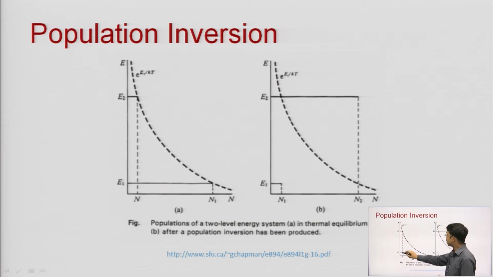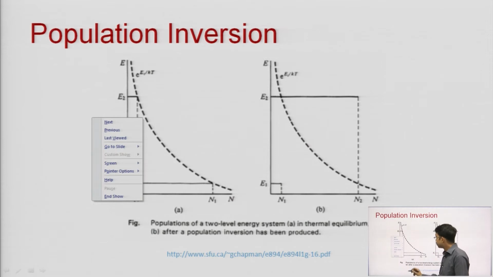On the x axis is the number of electrons. The number of electrons in the E1 state, N1, is large, and the number of electrons in the E2 state, N2, is very small in comparison.